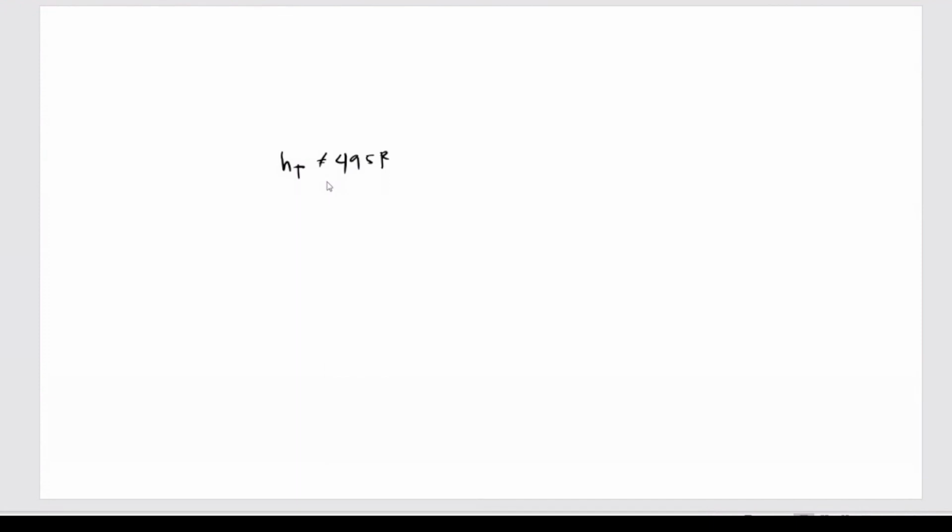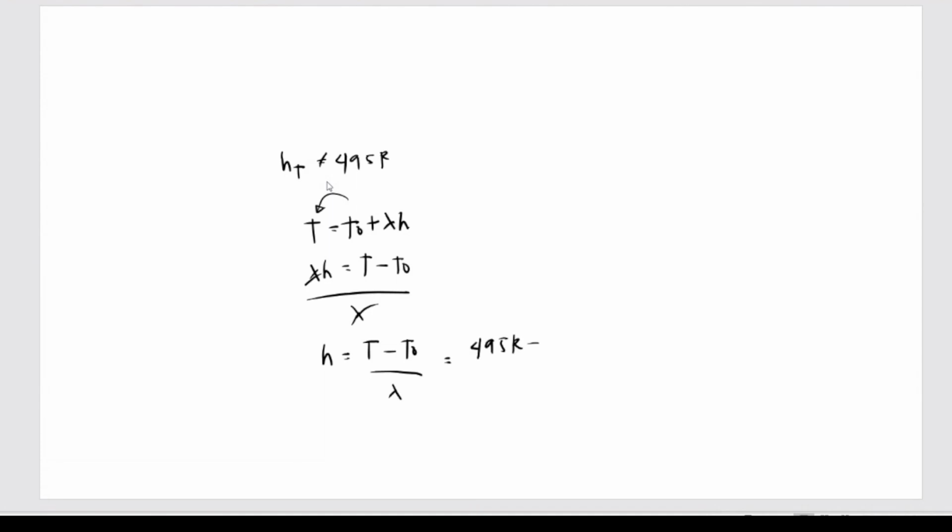So, simply, T is equal to T sub O plus lapse rate times the height. Transpose: lapse rate times the height is equal to T minus T sub O, over lapse rate. So, H is equal to T minus T sub O over lapse rate. And then, T is 495 Rankine minus 519 Rankine over negative 0.003566 Rankine per foot.